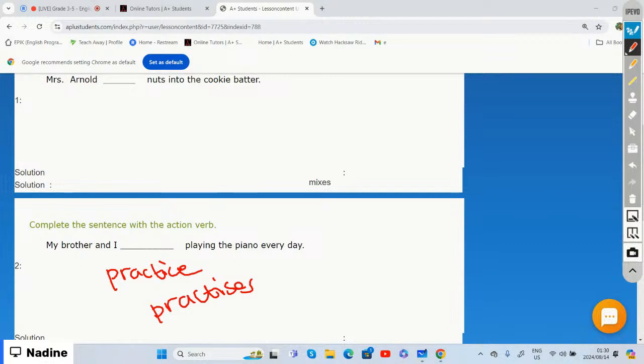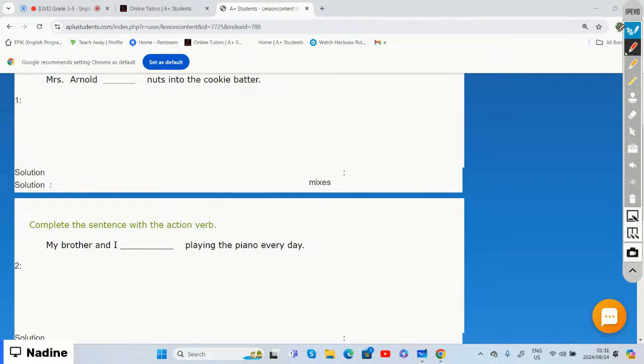All right. And if we choose the correct one, we can say my brother and I practice playing the piano every day. We are learning action verbs.